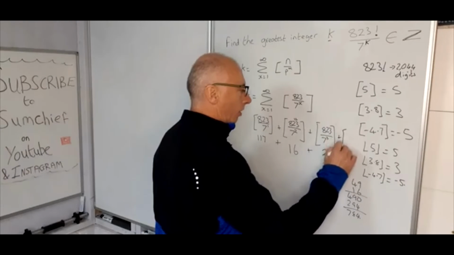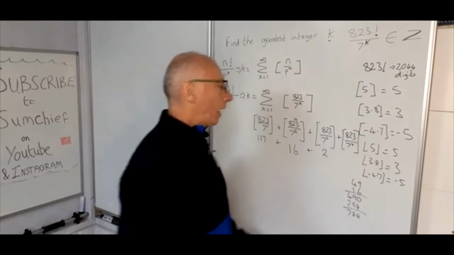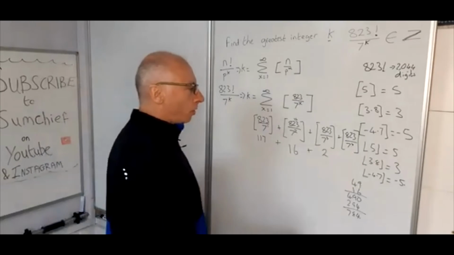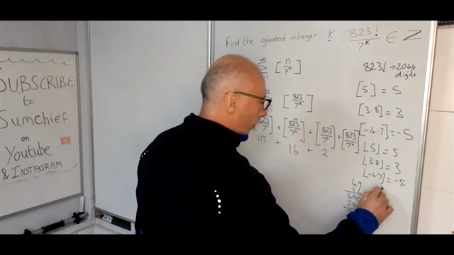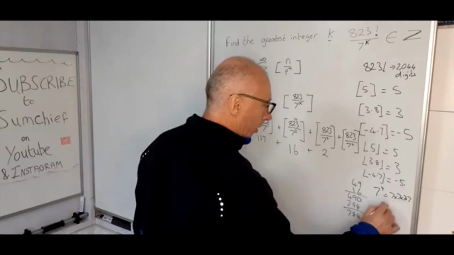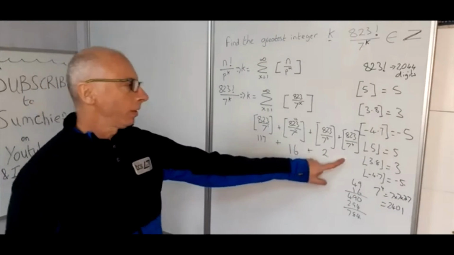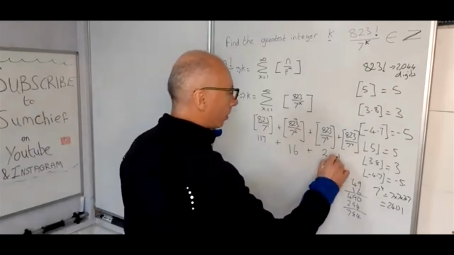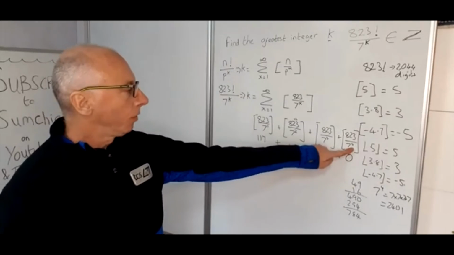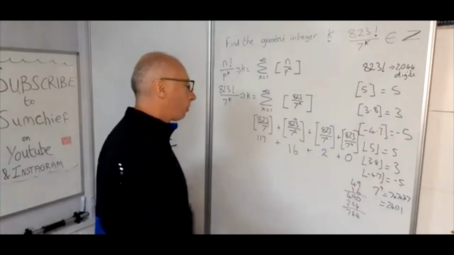And then our last, and I'll explain why that is in a minute, 823 divided by 7 to the power of 4. 7 to the power of 4 is 7 times 7 times 7 times 7, which is 2401. 823 divided by 2401 is going to give us 0 in terms of our greatest integer function. So we won't need to go past 4, because they will all still be 0 as well. Even if we go to 5, 6, 7, 8, they'll all be 0.